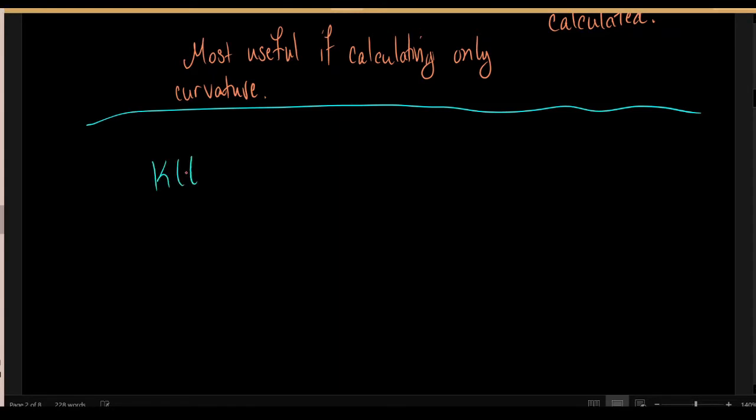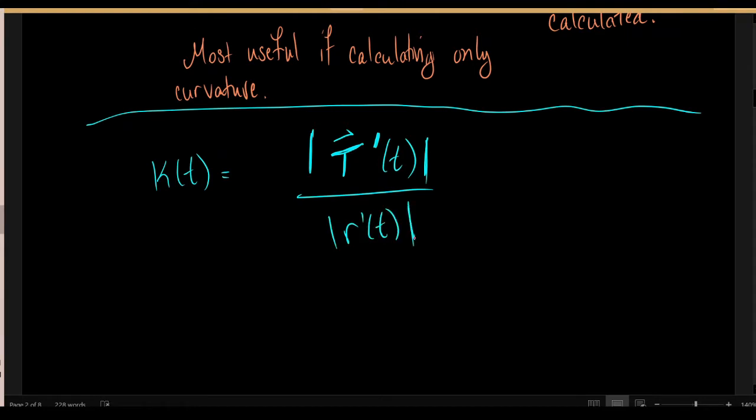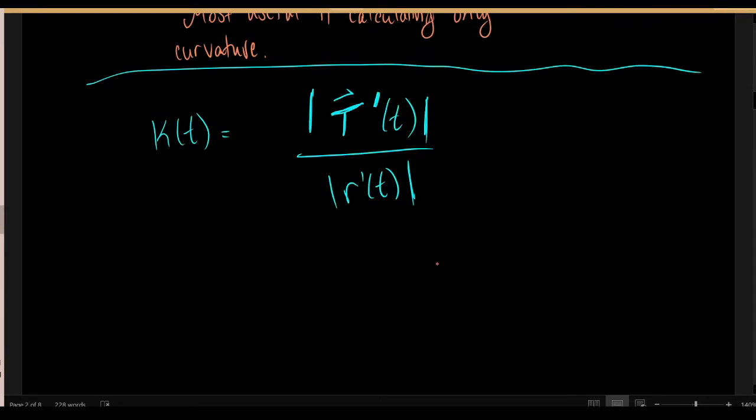The curvature at time t can also be found by taking the unit tangent vector, calculating its derivative, taking its length, and then dividing that by the speed of the parameterized curve, r prime of t.